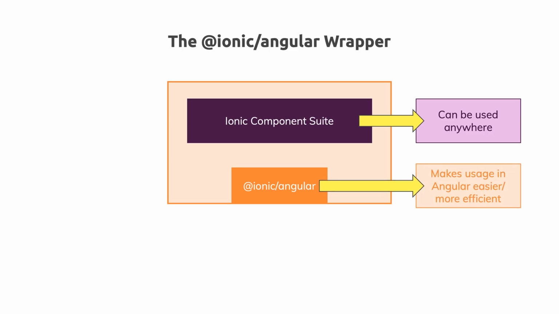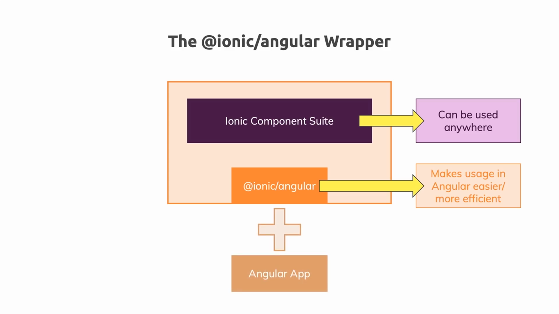But this is done because it makes the usage of these components in Angular easier and actually also more efficient, especially when we later talk about things like the alert controller, modal controller, so these controller-like components we already had a look at.